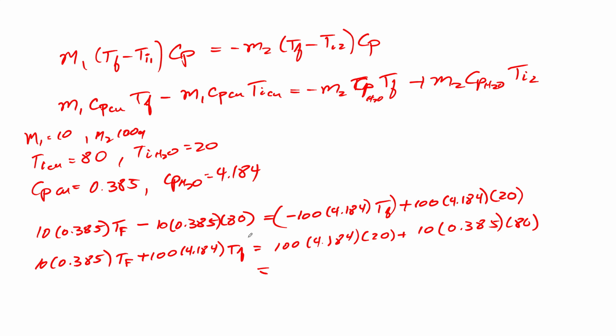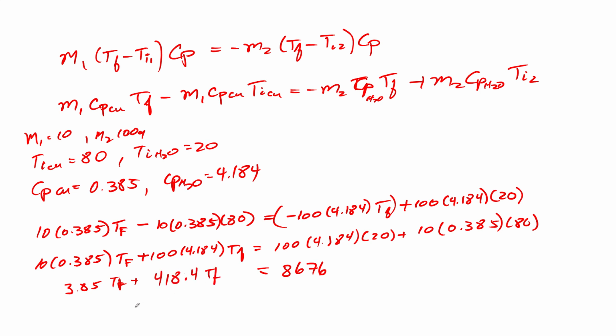And we're going to get 8,676. And on the left, this is going to be 3.85 TF plus 418.4 TF.